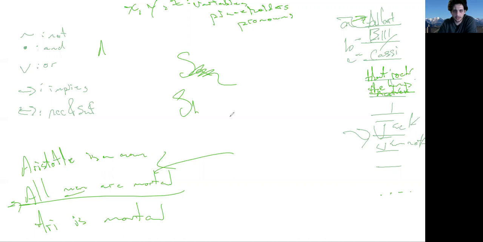And I can't say SB or any other specific guy. So we're going to use a variable to be the placeholder for what we're trying to say. But anytime we use a variable, we need to use a quantifier. So our quantifiers look like this.